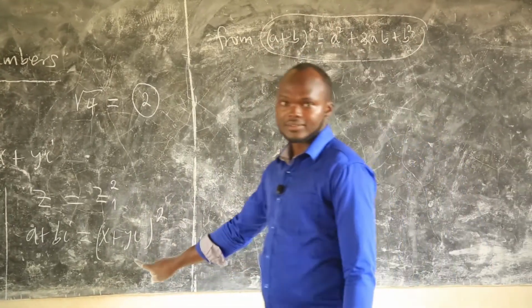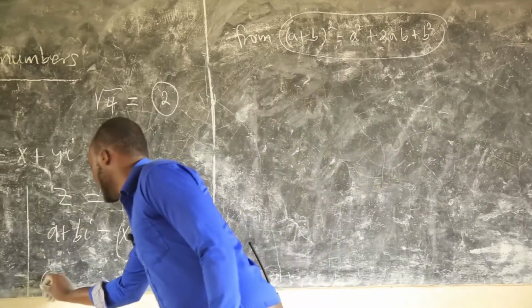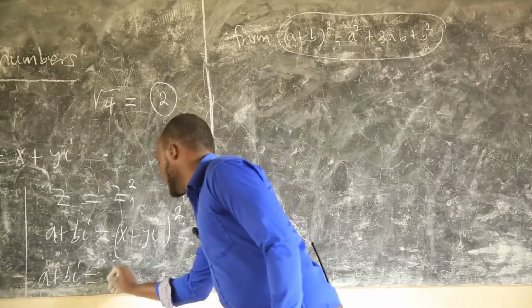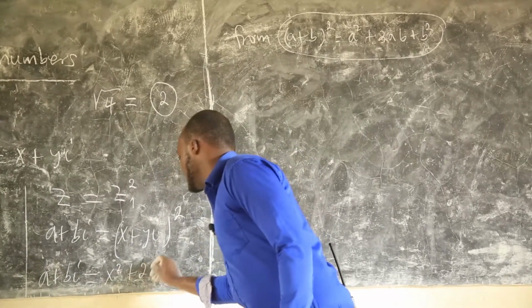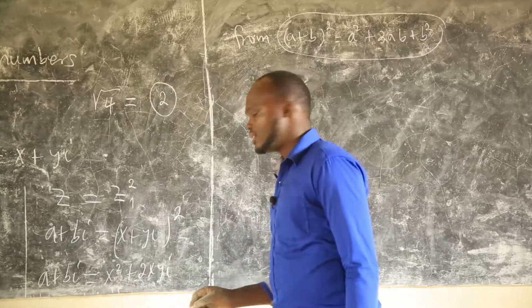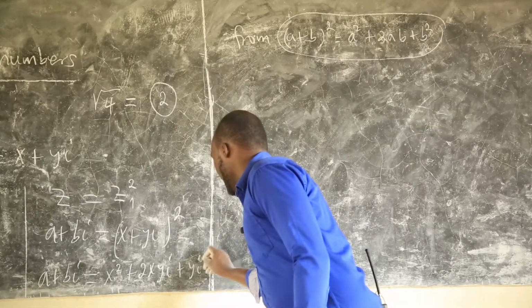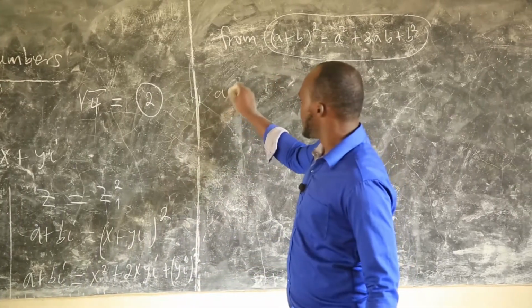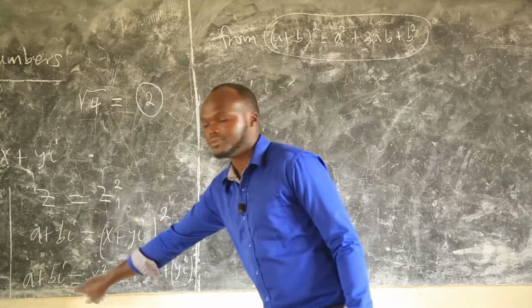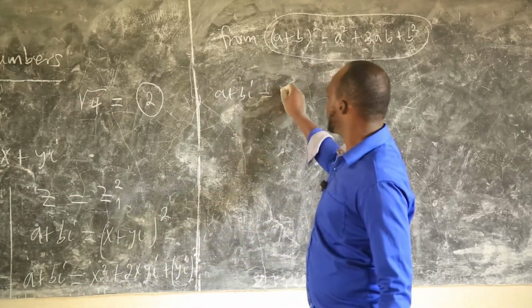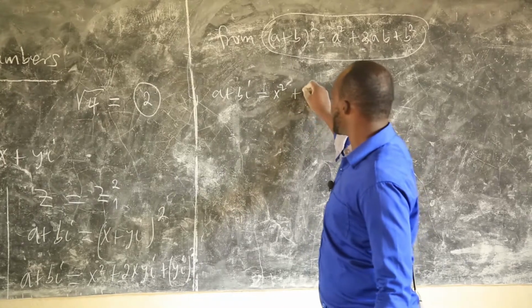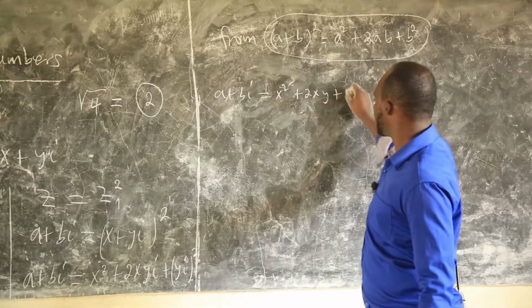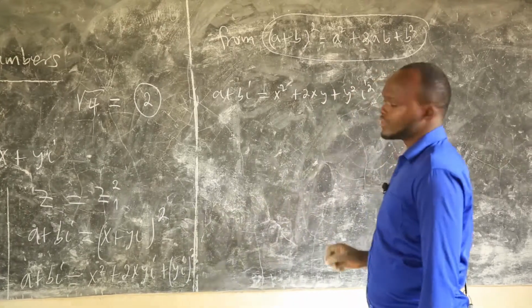So we can use it here, which means that a plus bi is the same as x squared plus 2xyi plus yi squared.